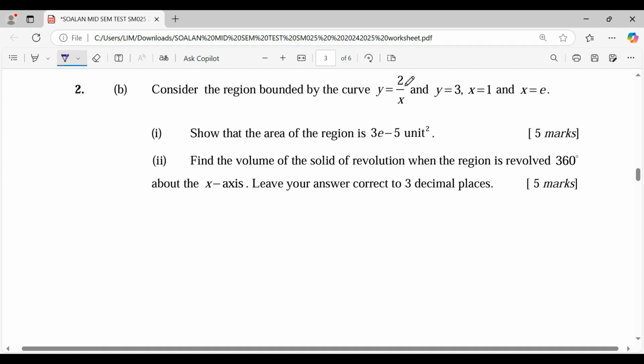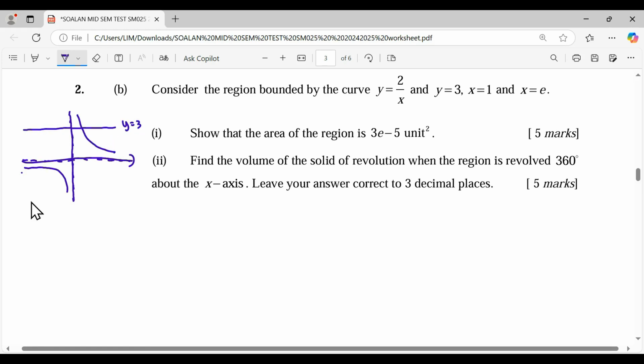So the reciprocal graph, we sketch this out. This is your reciprocal graph where x is not equal to 0, y is not equal to 0, asymptotes happen at the x-axis and at the y-axis. y equals 3 is a horizontal line.